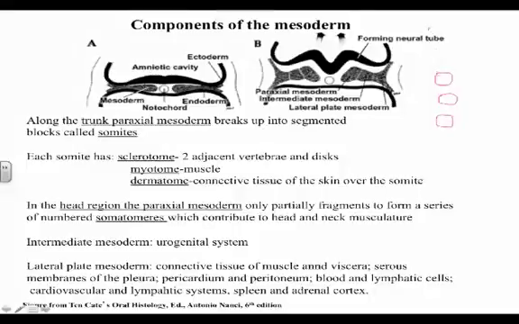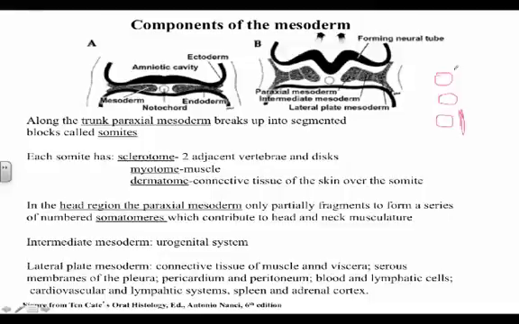Okay? So here is paraxial mesoderm, lateral plate mesoderm, just the names. Every somite will make the skin over the somite, it's going to make the muscle, and will make the vertebrae. Okay?